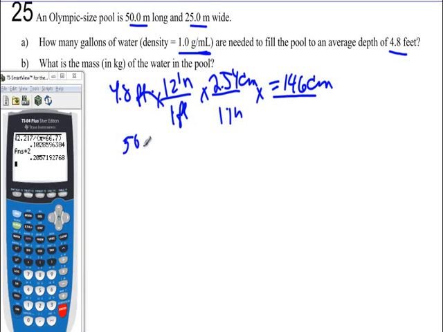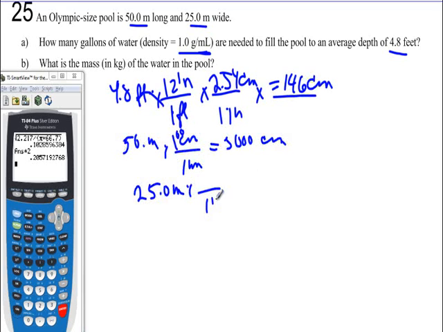So let's go ahead and convert these meters to centimeters too. So I have 50 meters, and 1 meter is 100 centimeters. So this is 5,000 centimeters, and this would be 25.0 meters, and 1 meter is 100 centimeters.